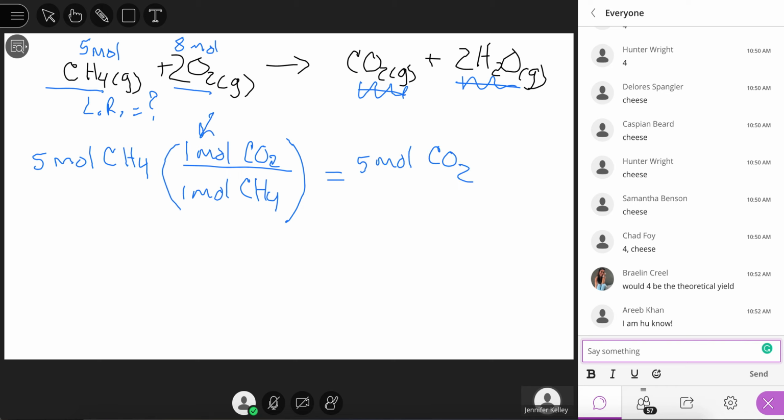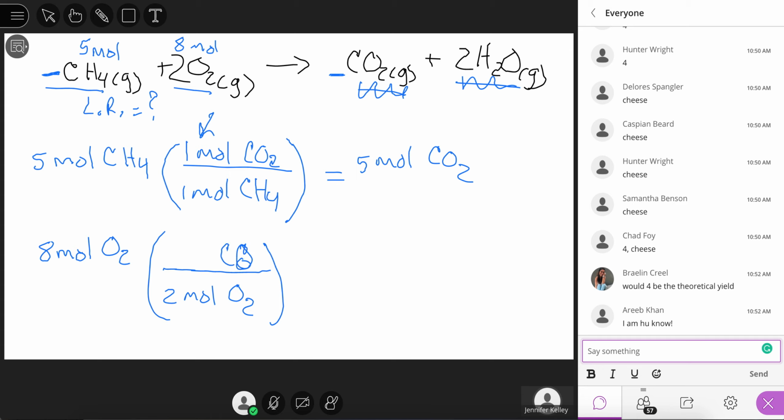This part right here, I'm getting from the coefficients of these two things. Since you don't see one, it's a coefficient of 1. The next one is 8 moles of oxygen. Looking at the coefficient for oxygen, it's a coefficient of 2. And for carbon dioxide, it's 1.